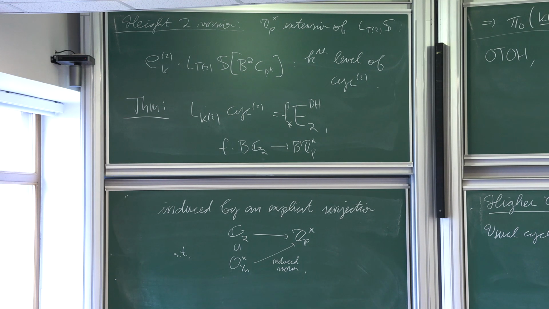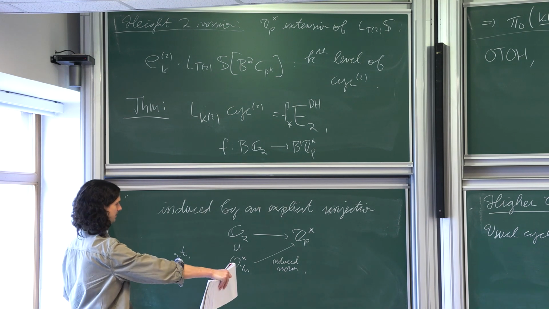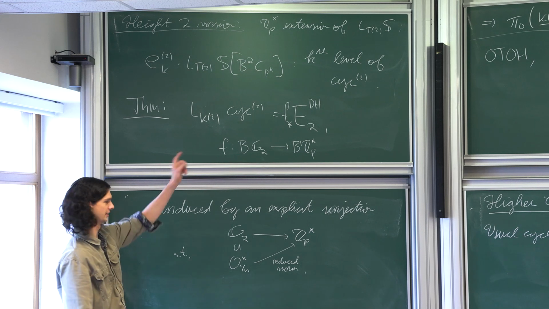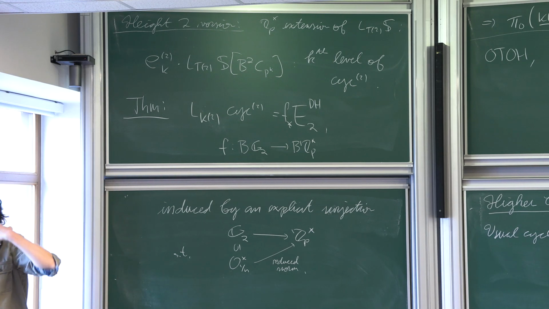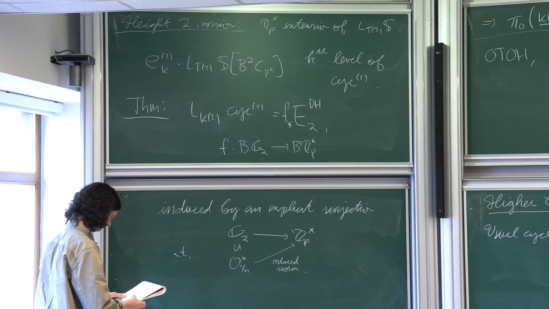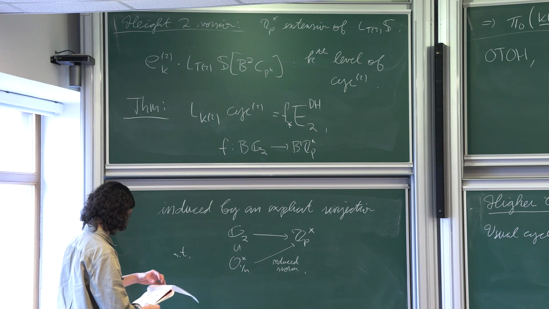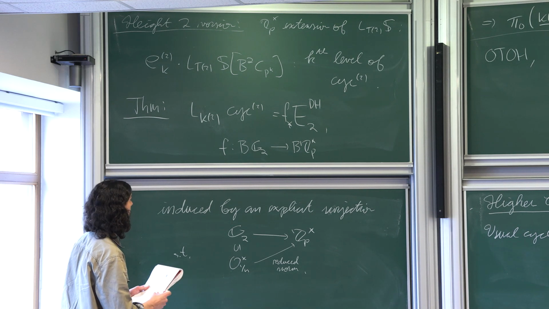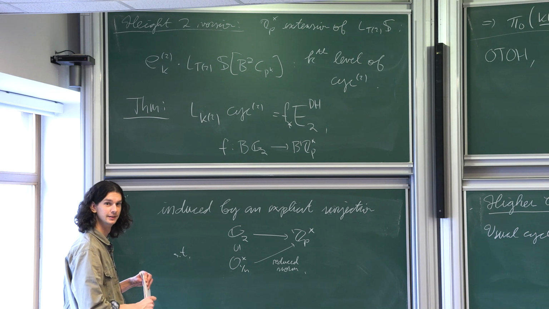So it's a Z_p cross sub-tower of this Devinatz-Hopkins tower at height 2. Okay?